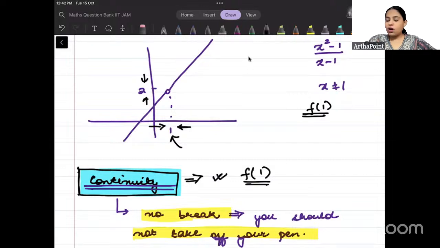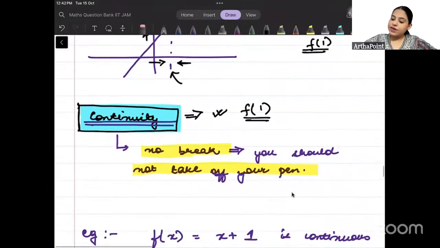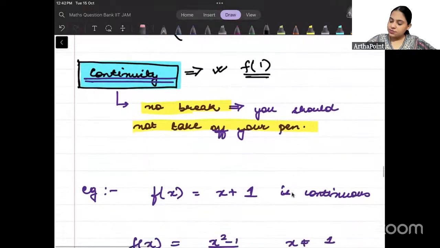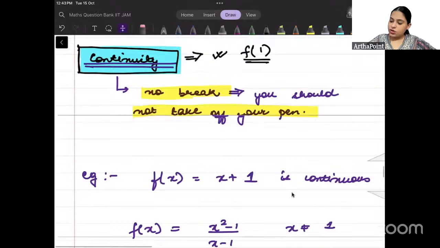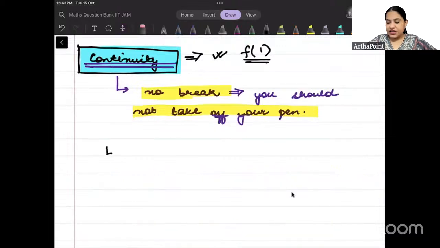So when we talk about continuity, we need to define the function at that point also, right? Now for the definition of continuity, what exactly do I require? Well, I require that the left hand limit should exist. Yes, the right hand limit should exist. Yes, they should be equal to each other.